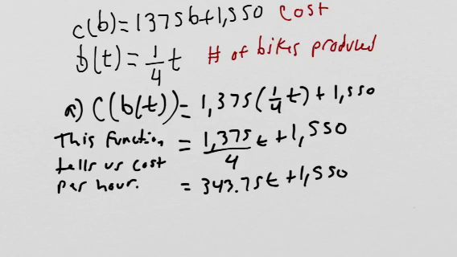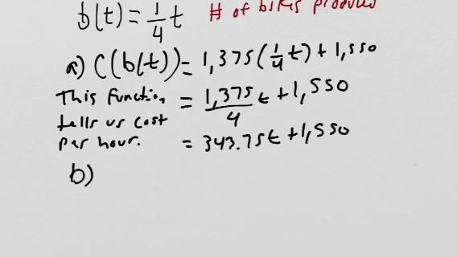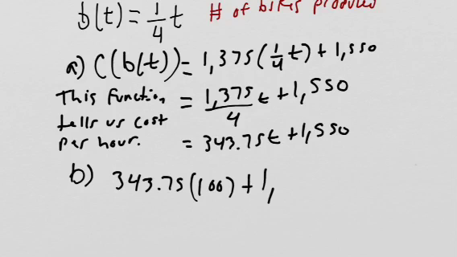So then part B says, how much does it cost to operate our company for 100 hours? So all we're going to do is just plug in 100 for t. 343.75 times 100 plus 1,550 is going to be the cost of operating our company for 100 hours.